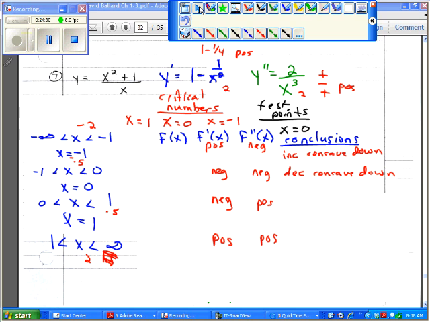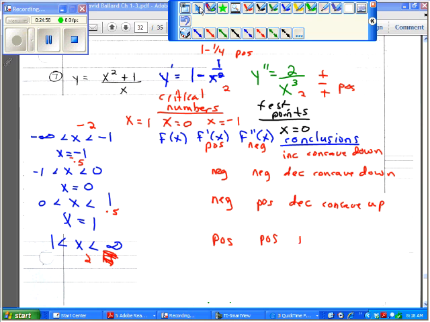Okay? Now, in the next interval, we've got negative in the first derivative, which means it is decreasing. It goes to positive, and so it is concave up. If there's not an asymptote there, then there's probably a point of inflection there, right? Because it changed concavity, but that could happen around an asymptote, as we know.